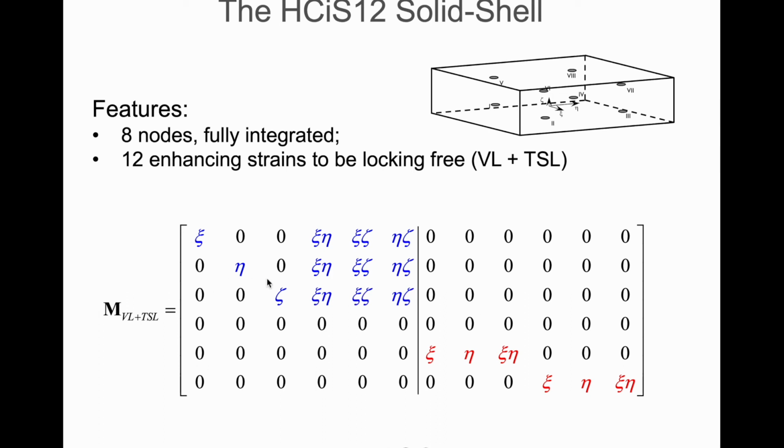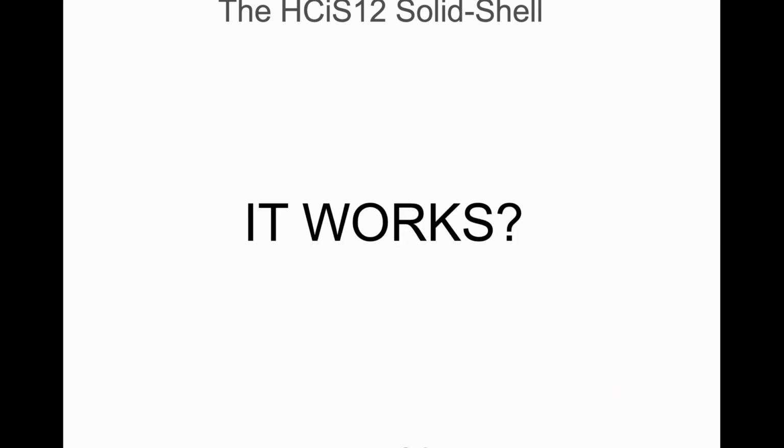We are here solving the volumetric locking on the volumetric components, and here solving the transverse shear locking. Okay, so that means we are applying extra 12 degrees of freedom. So this element has 24 from the standard part plus 12 variables, meaning it's 36 in total. So computationally speaking, it is not very efficient, but it works well.